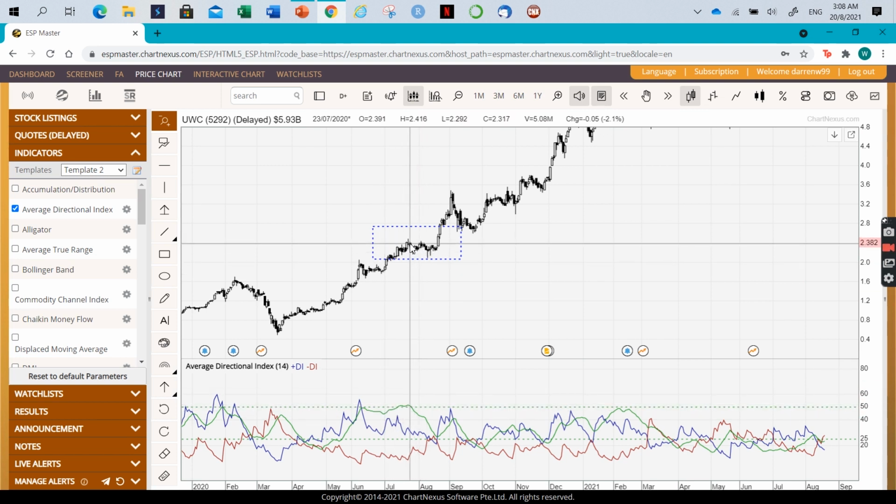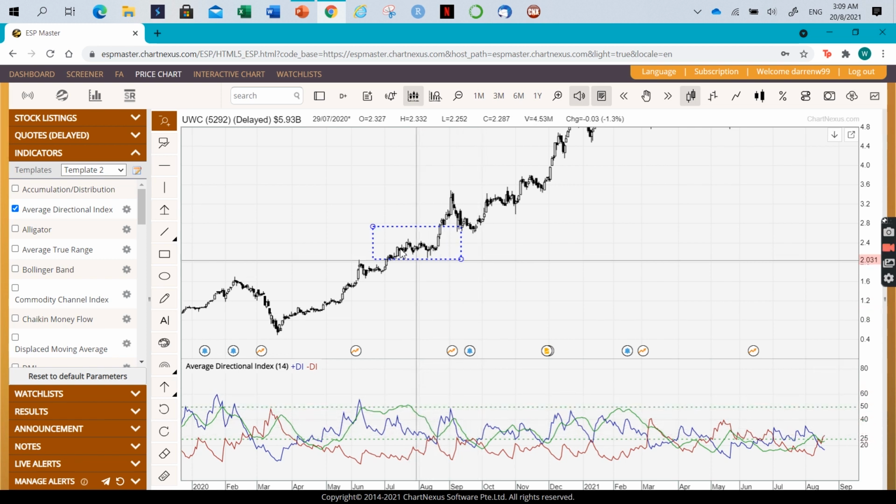But once it starts to stop and consolidate, the ADX line drops immediately, telling you what? Momentum is losing out. There is not much strength left in the market or in the trend. That's why during this consolidation, the ADX figure drops tremendously.